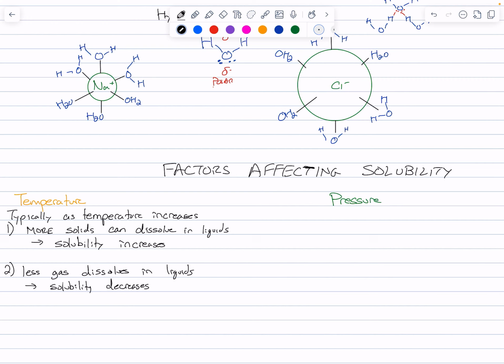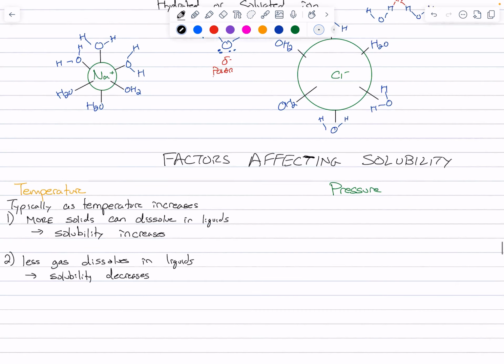Now let's jump over to pressure. Pressure affects the solubility of a gas, right? And this leads us to Henry's law.